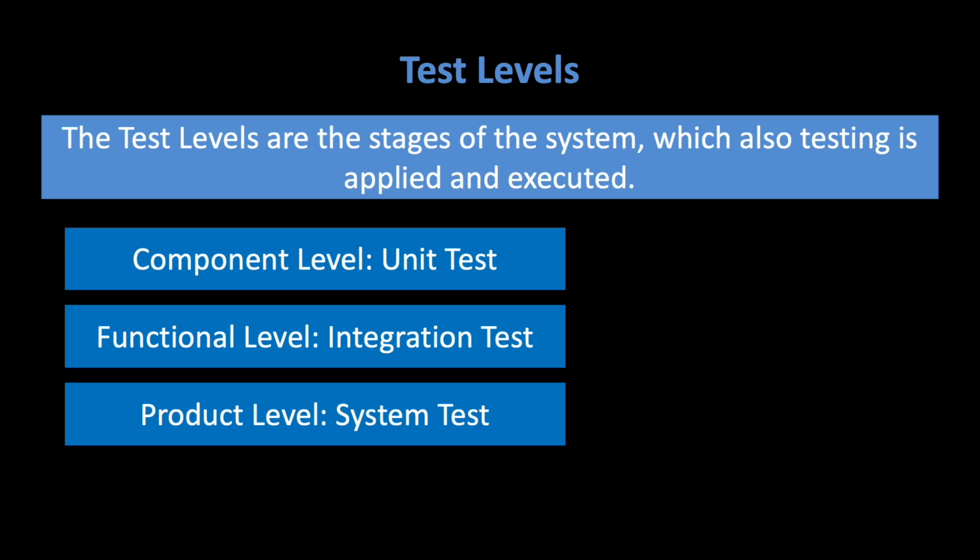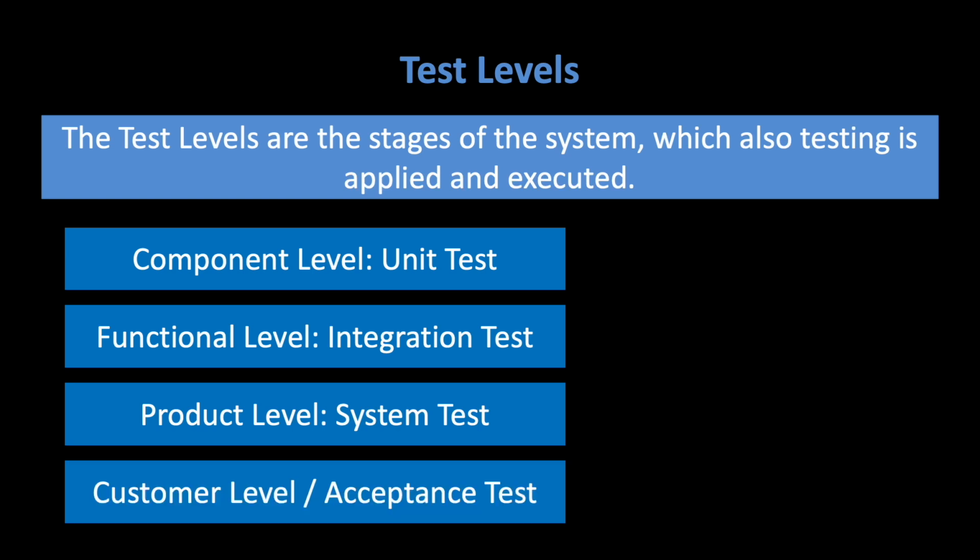Then you have the product level, where system tests are executed and you have a nearly finished product or already finished product and tested from an end-to-end perspective. And last but not least, the customer level, where you have acceptance tests. That's also timeline-wise the very last test that is executed, where you check from a customer point of view.